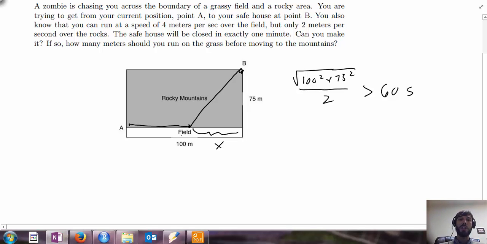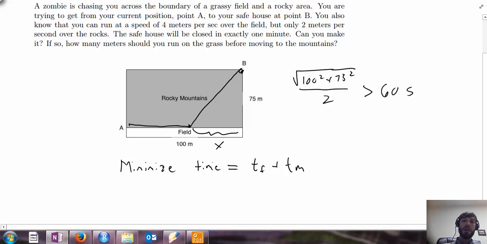If you take a strategy like this, then you can figure out your minimal time to get to the house by minimizing the time function, which would be your time across the field plus your time across the mountains. And we're going to take both of these, the time across the field and the time across the mountains, and express them in terms of this quantity x. And then we'll use calculus to figure out which value of x would give us a minimum here, right?